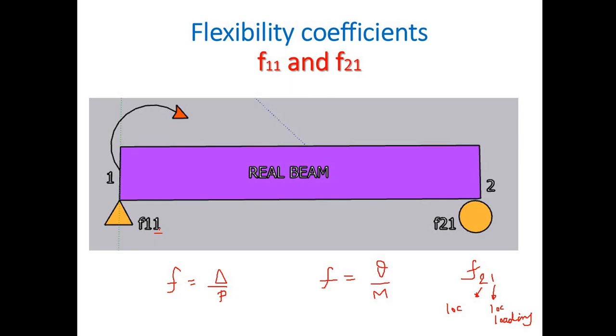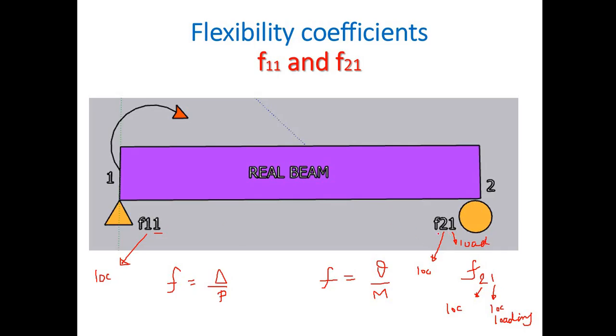So this 1 denotes the location of loading and the other denotes the location where you want to calculate the flexibility coefficient. Here it is F11 and here it is F21. This is the real meaning of the subscripts 1 and 2.